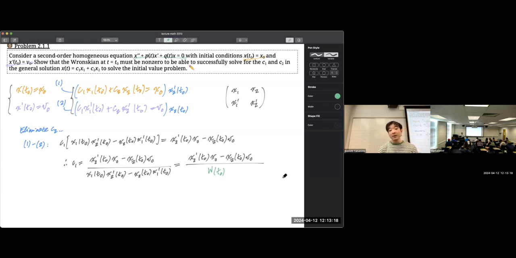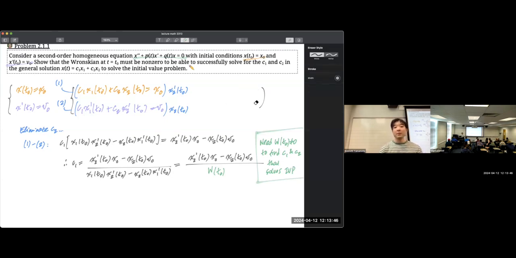So you need the Wronskian at the initial time to not equal 0 to find C1 and C2 that solve the initial value problem.